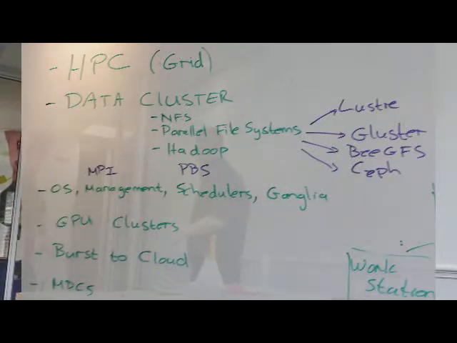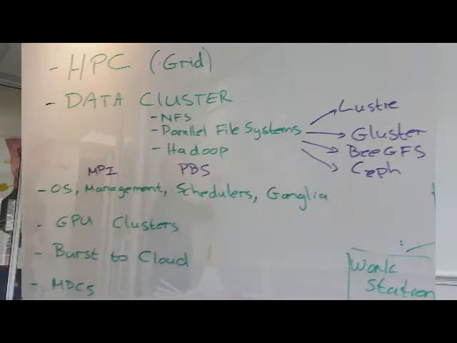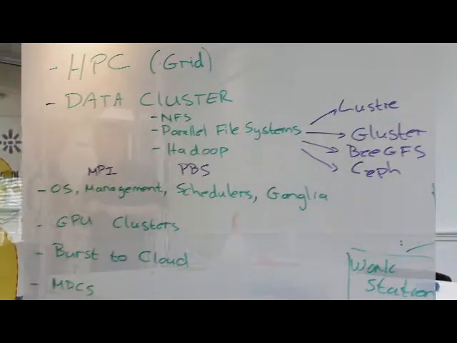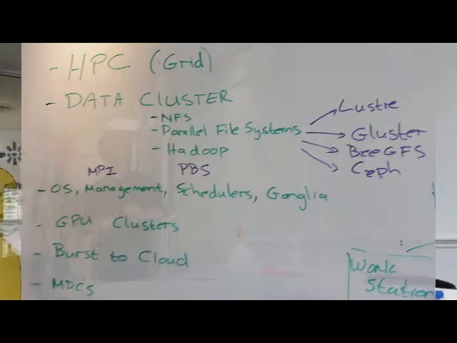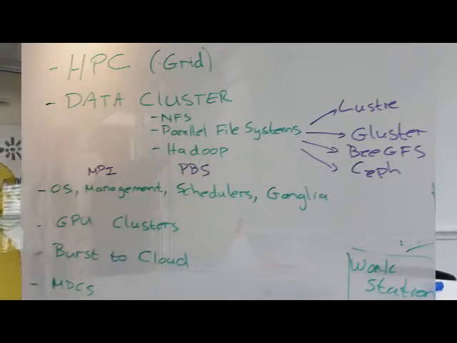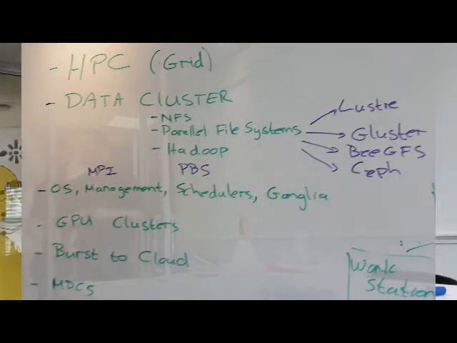So it's part of the management layers. It stands for Message Passing Interface. And it's a standard. There's various implementations once again. But software uses this to make sure that the nodes can communicate and how to distribute the problem.